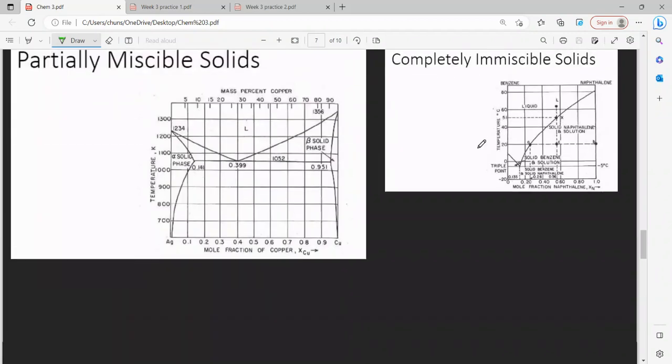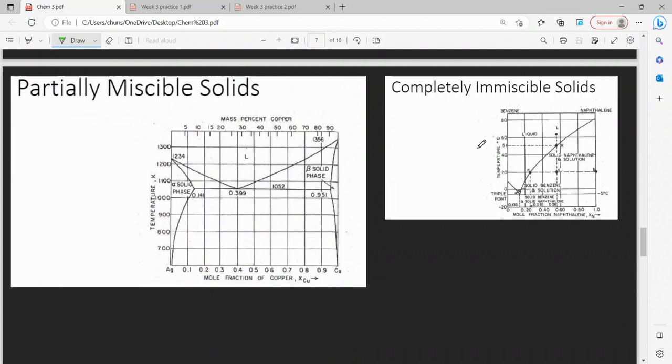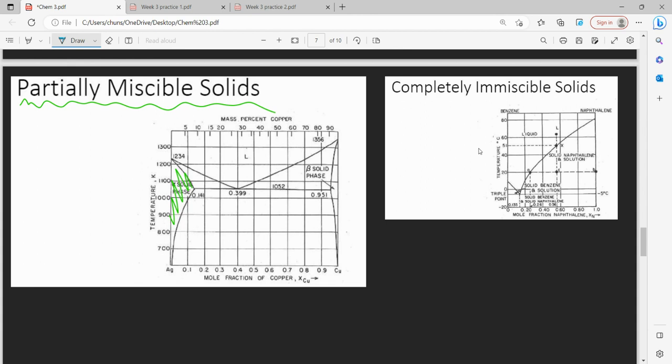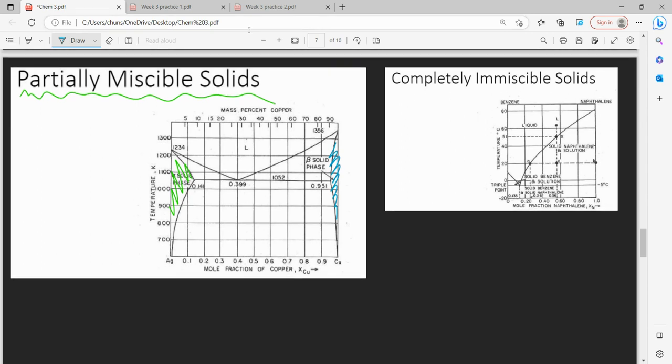So this diagram looks an awful lot like our partially miscible solids diagram up here, where we have 2 different kinds of solid phases on either side of our borders, and we have a mixture of the 2 caused by each corresponding liquid and solid.